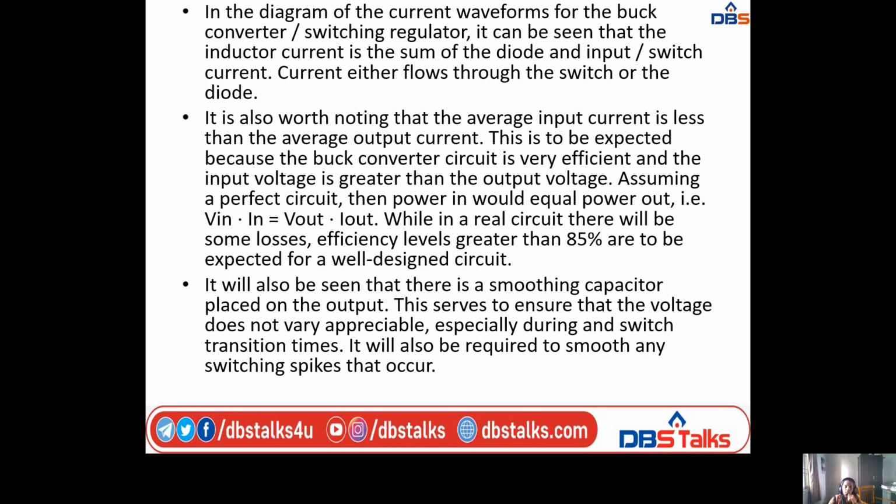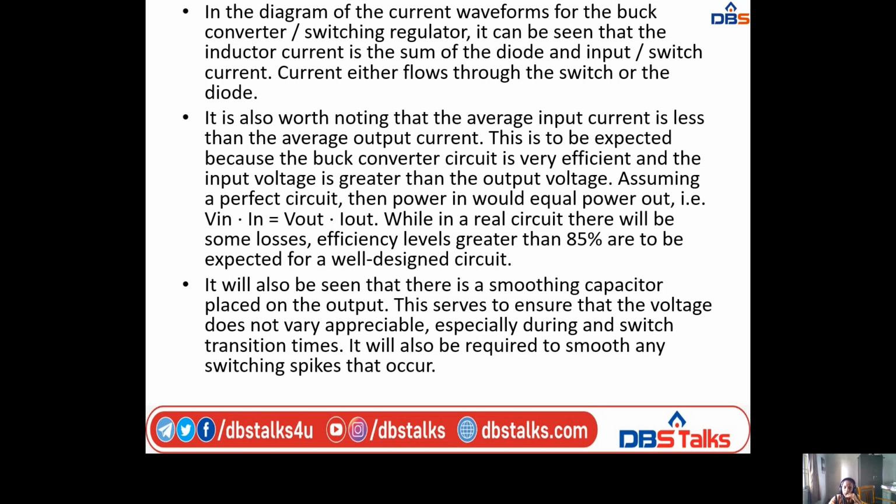It also tells us that the average input current is less than the average output current. This is to be expected. Why? Because the buck converter circuit is very efficient and the input voltage is greater than the output voltage.